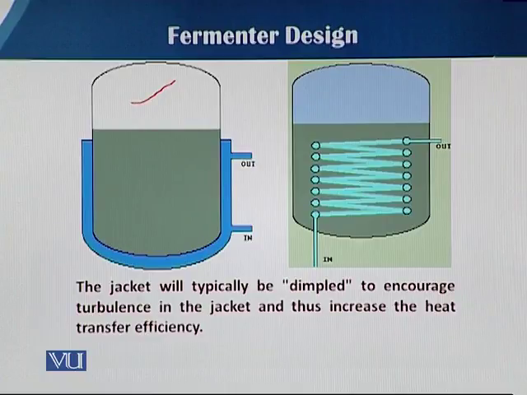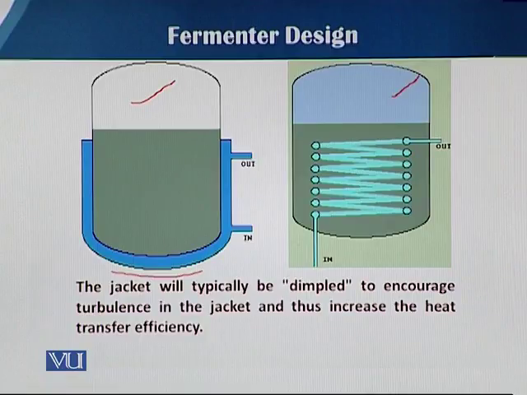In and out mean that hot and chilled water comes in and then circulates around the vessel. On the other hand, you can see there is a round coil of the same hot and chilled water. So these are the two strategies by which the temperature is controlled.